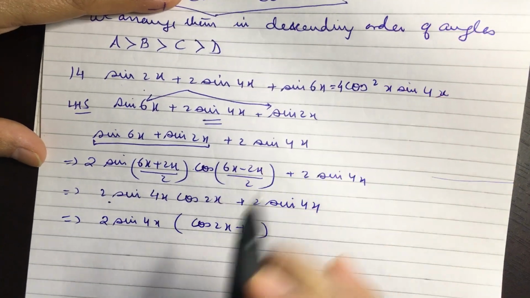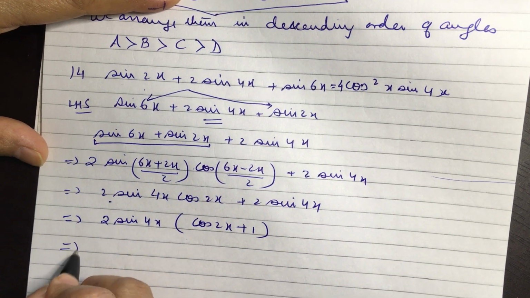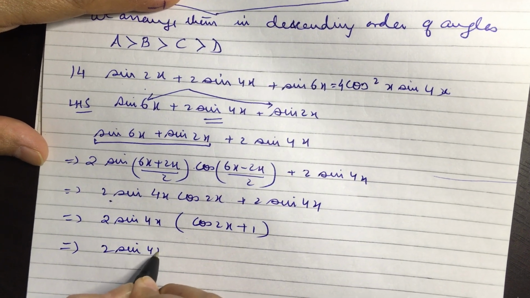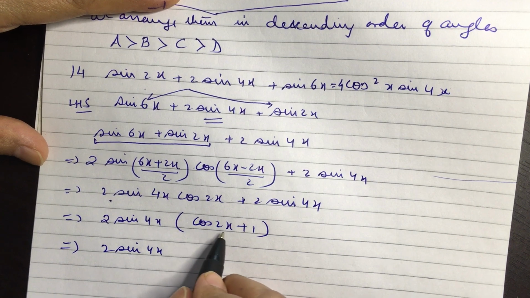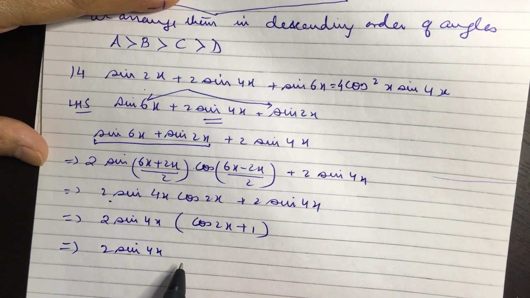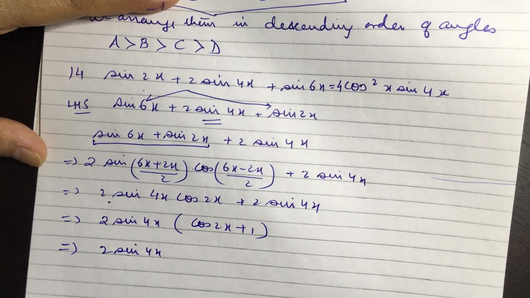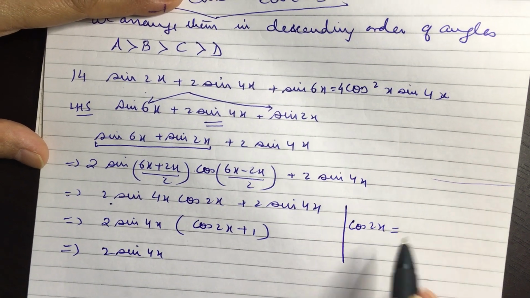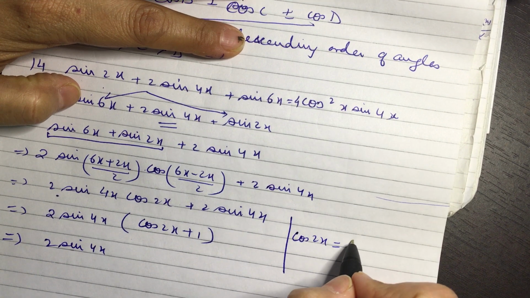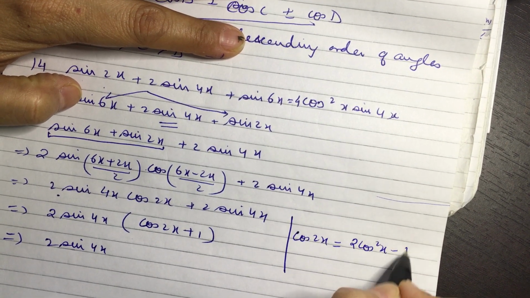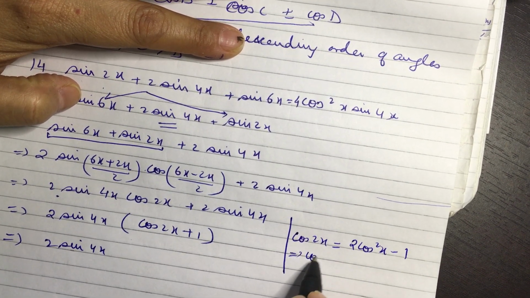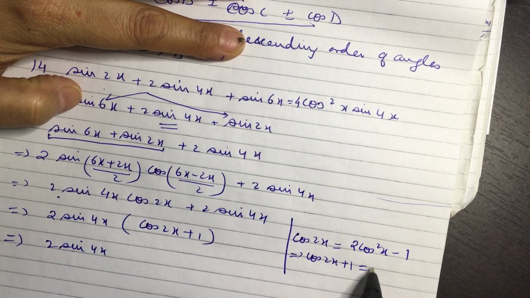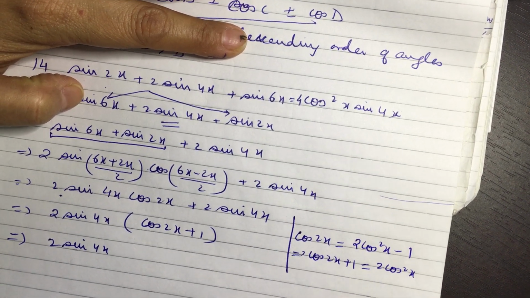Cos 2x plus 1. Now what do we get? 2 sine 4x. Here we know that cos 2x is equal to 2 cos squared x minus 1. So this gives us cos 2x plus 1 is equal to 2 cos squared x.